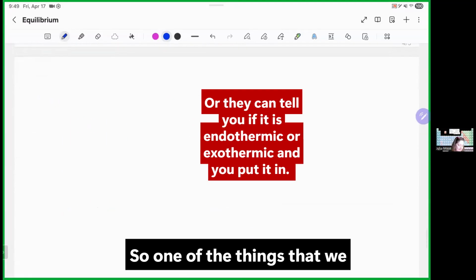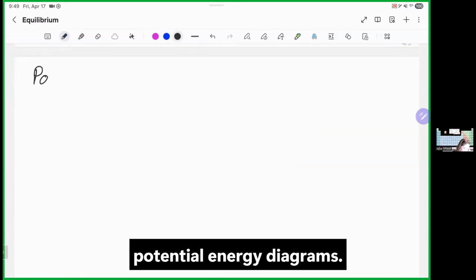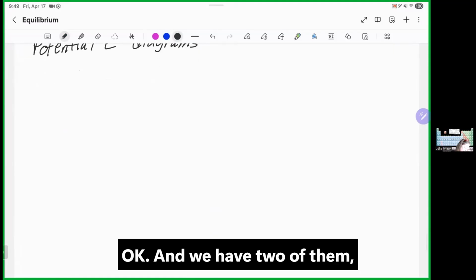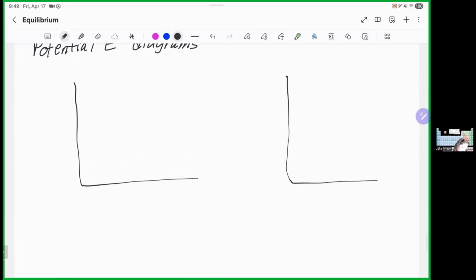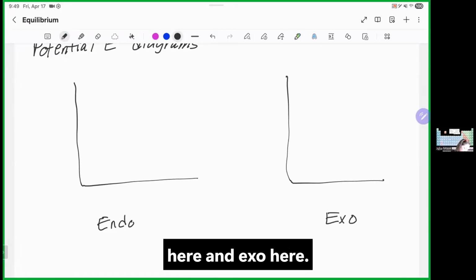Okay, so one of the things that we do with that is we talk about potential energy diagrams. Okay, and we have two of them, one for endothermic and one for exothermic. Okay, I'll put endo here and exo here.